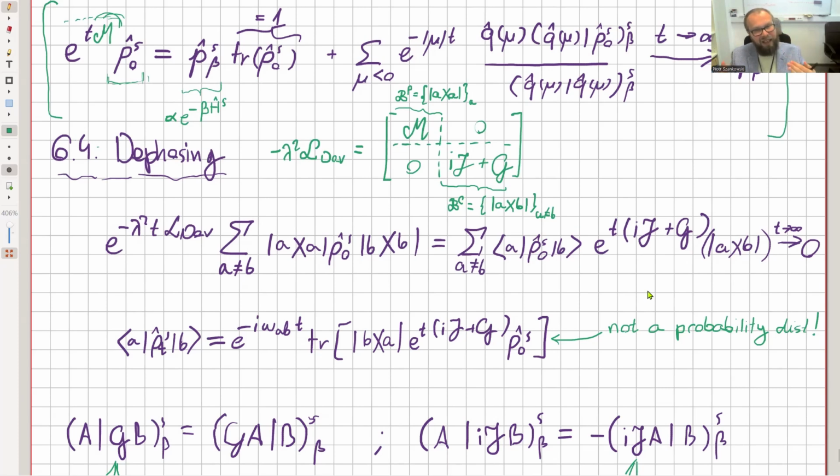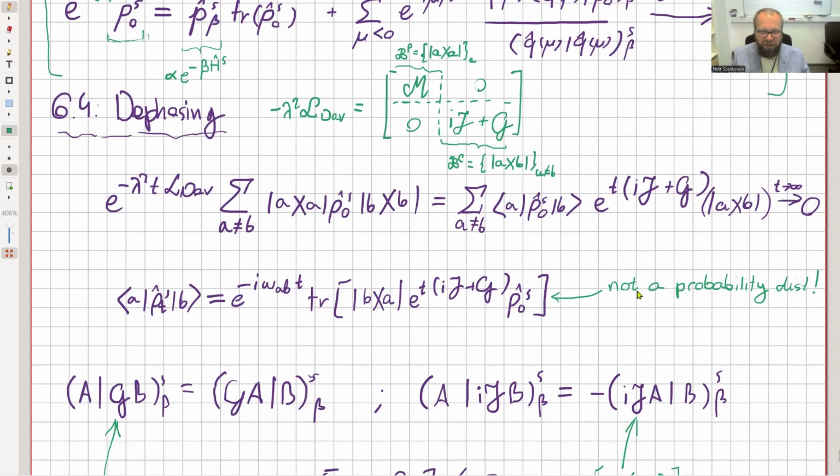Then we are sure that any initial state becomes diagonal, and the stuff on the diagonal converges to equilibrium distribution. That would be a full proper thermalization as we defined it in the beginning of the previous lecture. And there are some complications here.